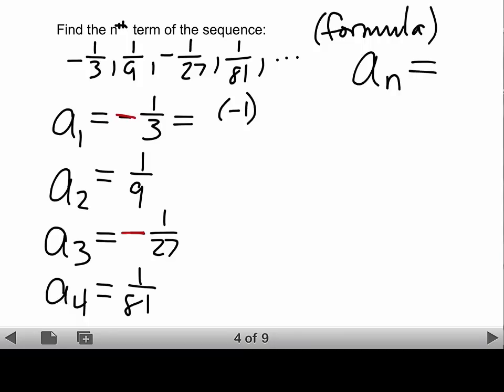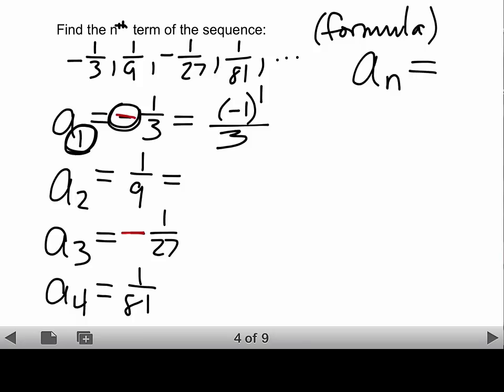And in the first term, I see that that is negative, and the subscript, or the index, that's another way to refer to that, the index, is odd. And a negative 1 to an odd power will give me a negative result. The denominator, I notice, is 3, and I'm just going to leave that as it is for now. For the second term, we have a positive entry, right?